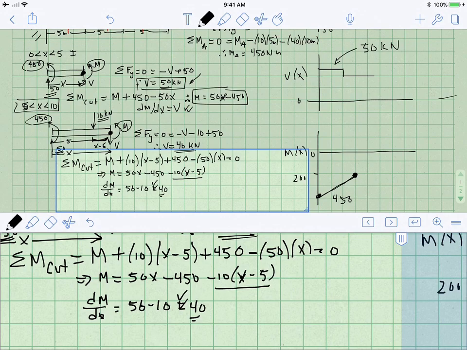It will help you find a mistake in one place or the other. All right, so let's plot what's going on there. If we already figured out that it was 450, what happens when we plug in x equals 10? When you plug in x equals 10 into this equation, you get 0.